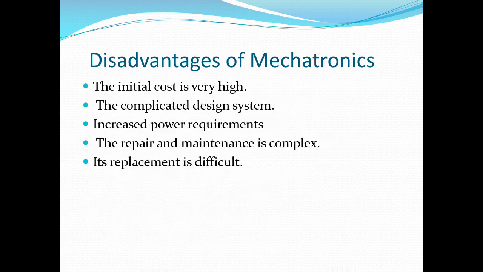There are some disadvantages of mechatronic systems. As I said earlier, the initial cost is very high. Investment in the initial stages is very high. The design system is complicated, because we have to integrate the mechanical with electrical or electronics and computer, so it becomes complicated.